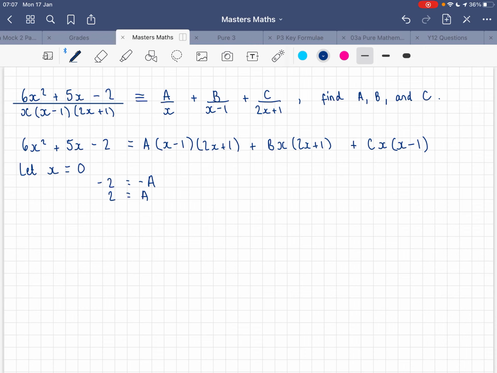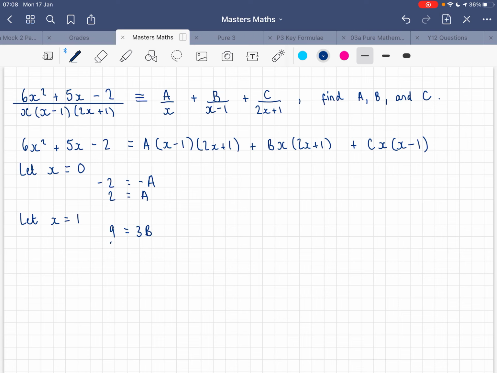Okay, then I'm going to substitute in 1 to eliminate all of the x minus 1 brackets. So that would give me 6 plus 5 is 11, minus 2 is 9, is equal to, we'd get the b part, so b times 1 is b, 2 times 1 is 2, plus 1 is 3, so 3b.